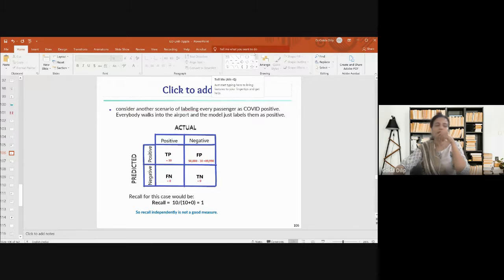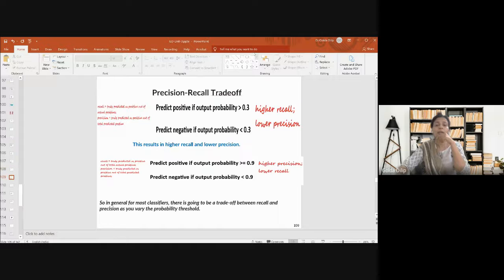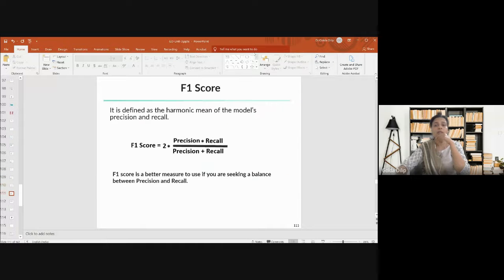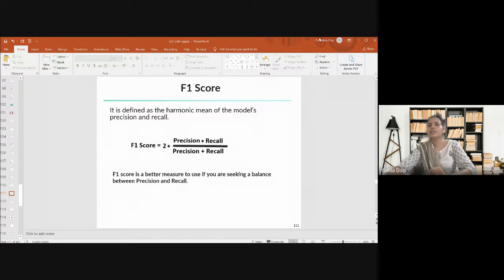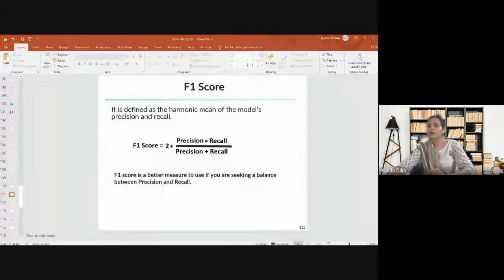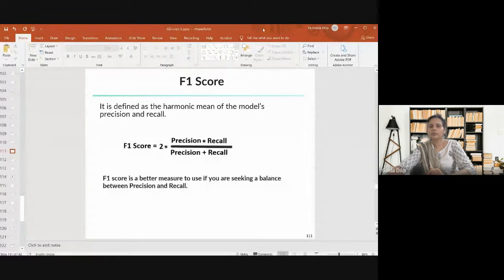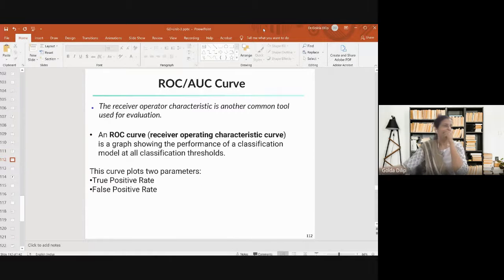You tell me whether I should revise this or proceed with the next topic. If no answers, I will proceed with the next topic. No answer means everybody has understood everything. That's my conclusion. Shall I proceed with the next one? Okay. Fine.